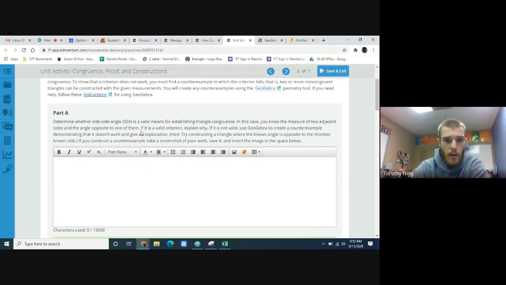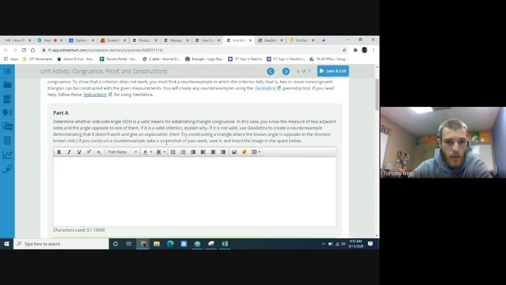If it is a valid criterion, explain why. If it is not valid, use GeoGebra to create a counterexample demonstrating that it doesn't work and give an explanation. Hint, try constructing a triangle where the known angle is opposite to the shortest known side.